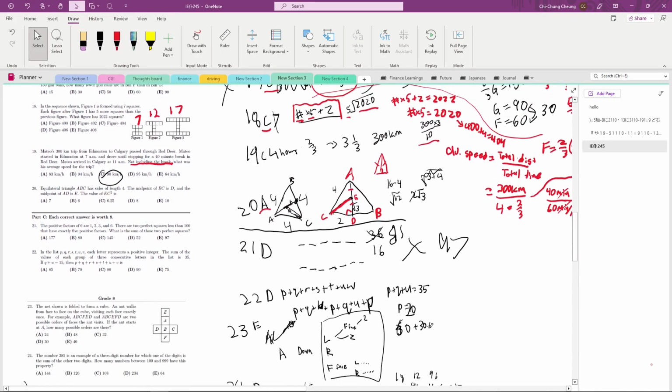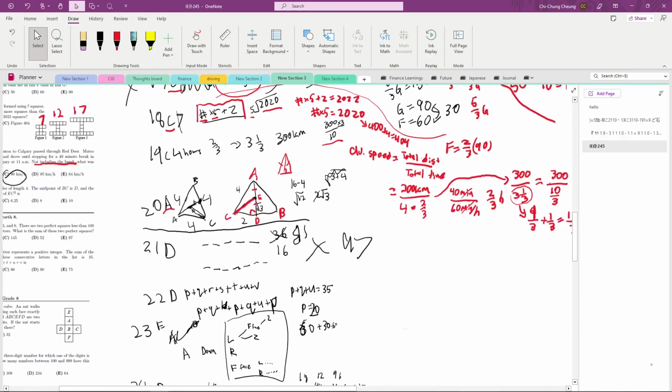Okay, on to the actually hard question. And not hard, it's just C questions. Question 21. Positive factors. There are two perfect squares less than 100 that have 5 positive factors.